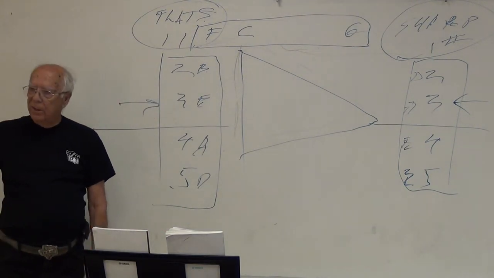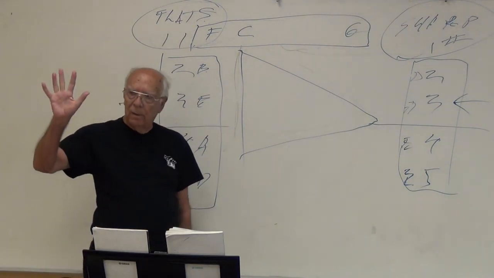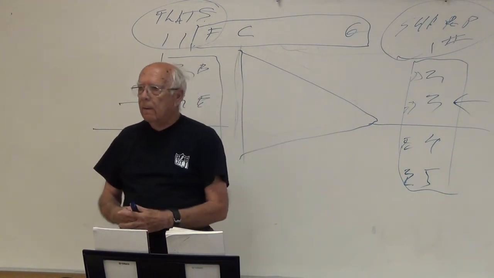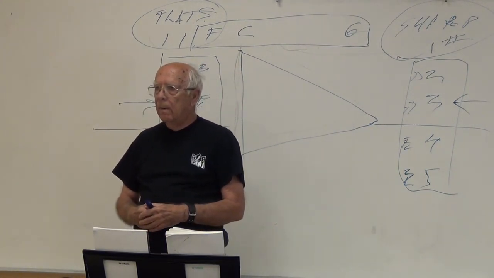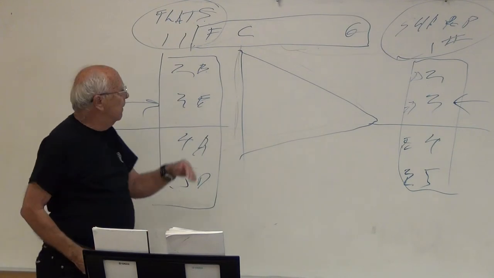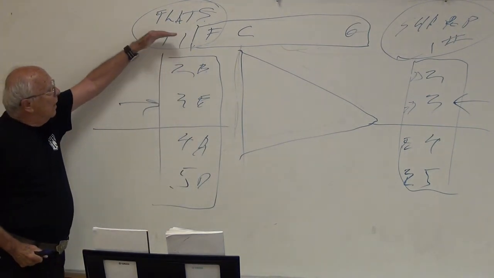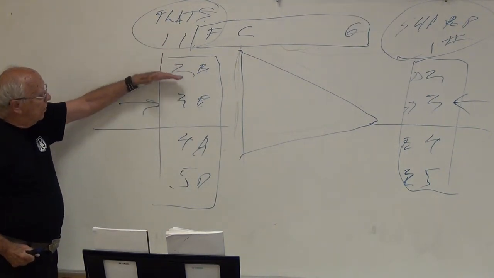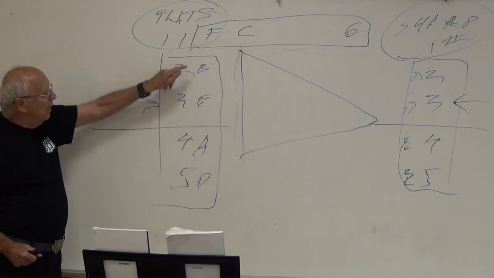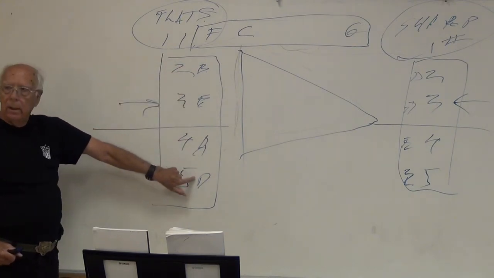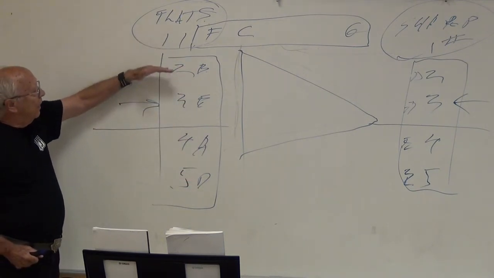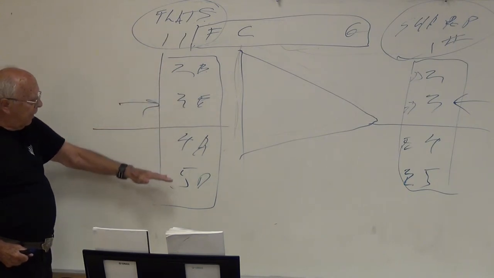And this is where the scale comes in. Put up your hand now. Yes, Dr. Kant? The flats go down. Well, they go down in number: 1, 2, 3, 4, 5. B, E, A, D. One flat, two flats, three flats, four flats, five flats.